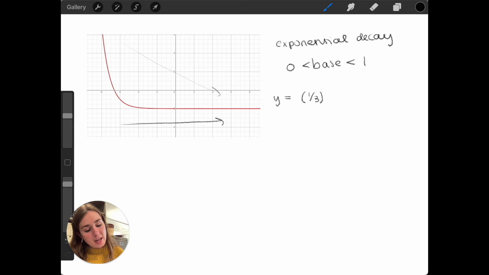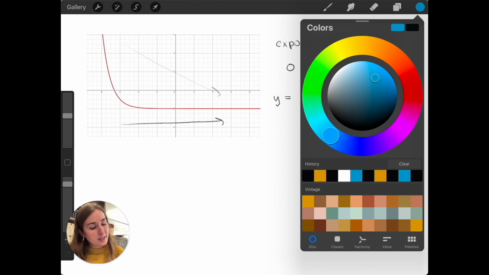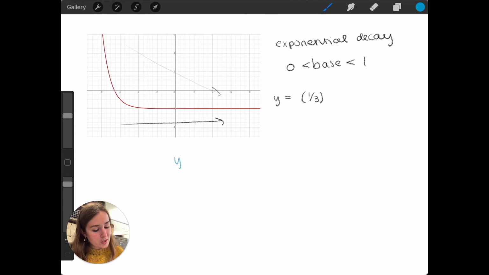I'm going to draw in our general exponential decay function, so I will do it in this blue color. We'll draw in that parent function of y equals, in this case, 1/3 to the power of x. We know that it's going to go through the point (0, 1), and it's going to get really, really close to the x-axis but not cross it, and then go up like this.